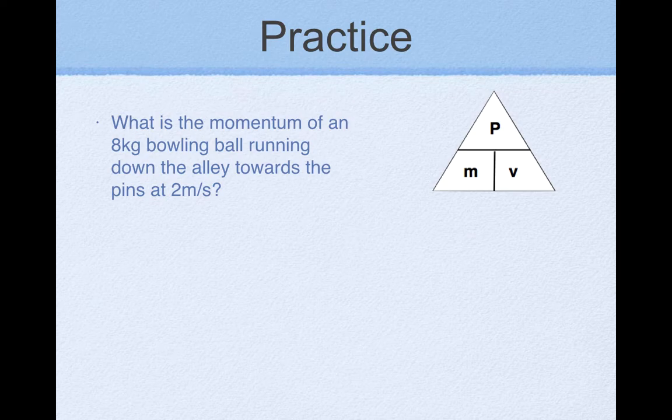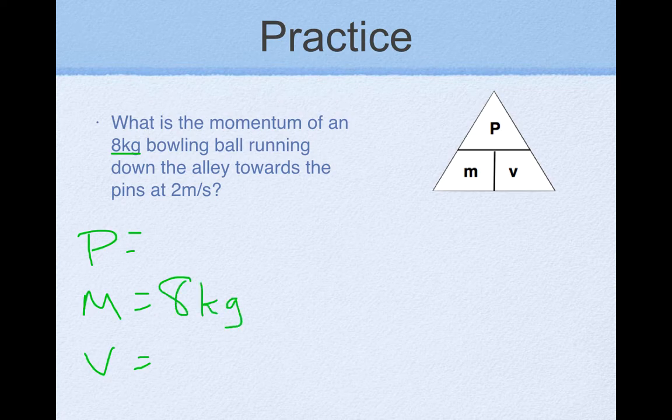First step, like always, is to identify our variables, P, M, and V. Remember, P is momentum, M is mass, V is velocity. So we can see here 8 kilograms for our mass. Velocity is 2 meters per second. And our momentum is question mark.